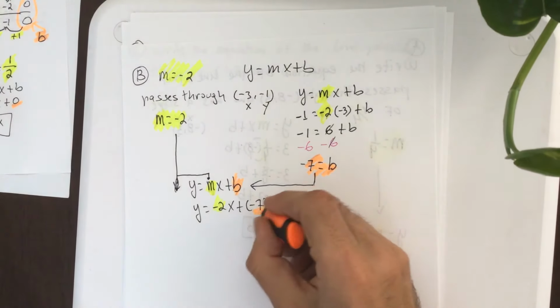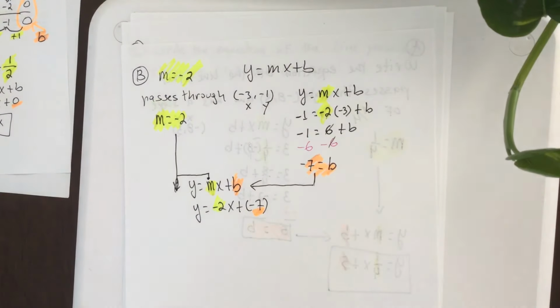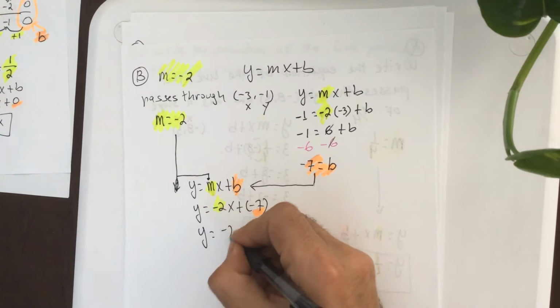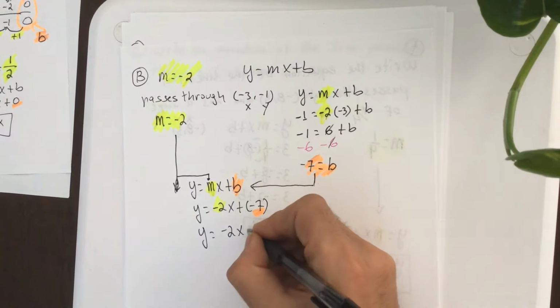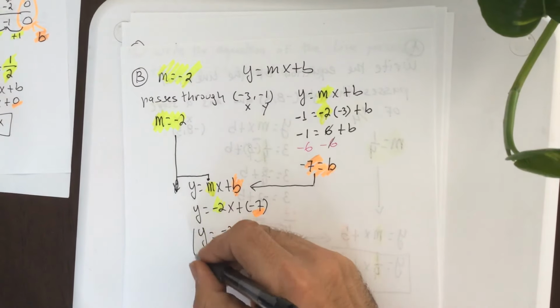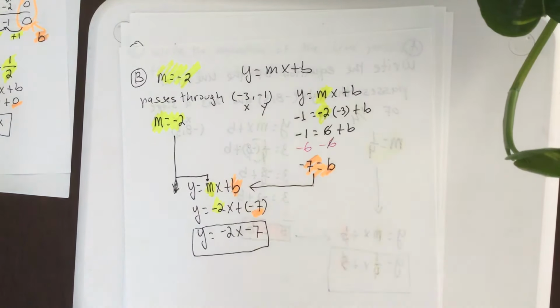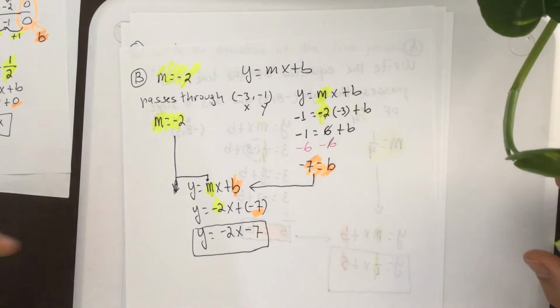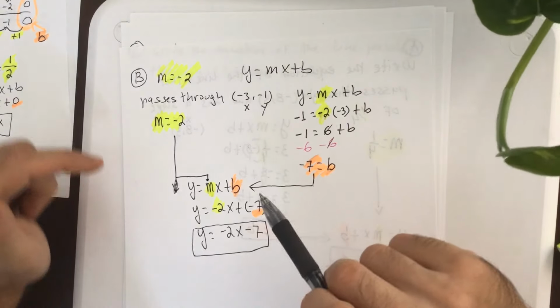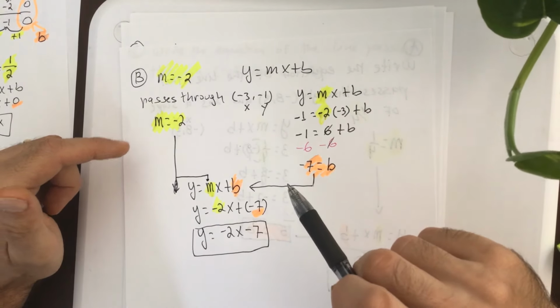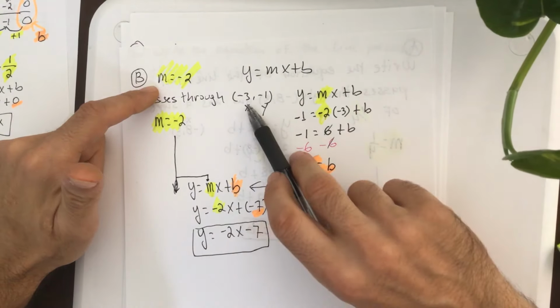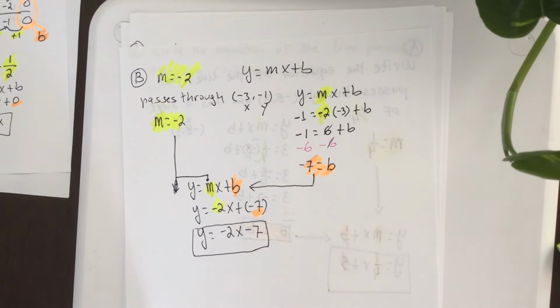We can simplify more. So that will be y equals negative 2x minus 7. And that is the equation in slope intercept form of the line that has a slope of negative 2 and passes through the point (-3, -1).